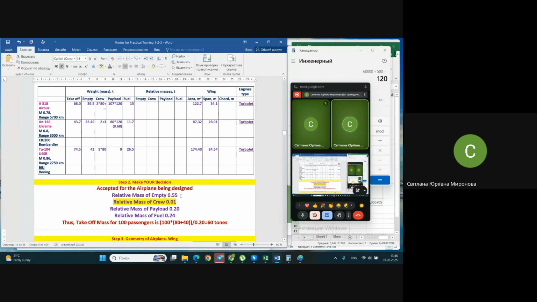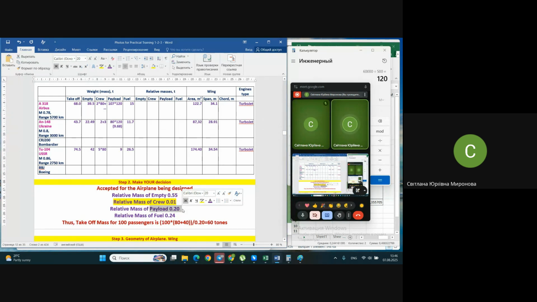Either it's a cargo airplane and you are given immediately the weight of payload, or it's a passenger airplane given in the amount of passengers you need to transport, and it means 120 kilograms for one passenger multiplied by the amount of passengers. So the only place known both in relative and absolute value is payload.